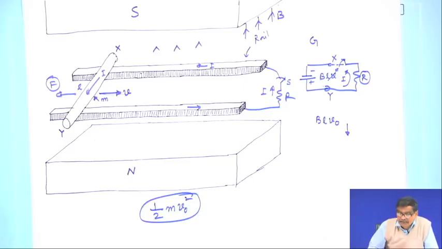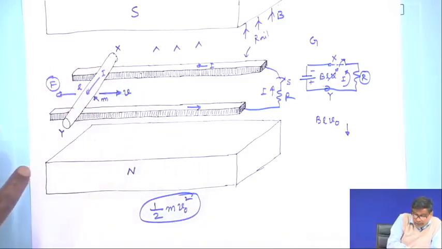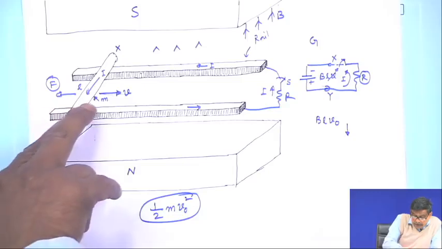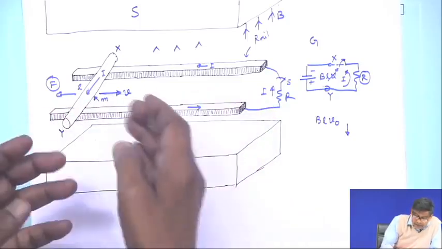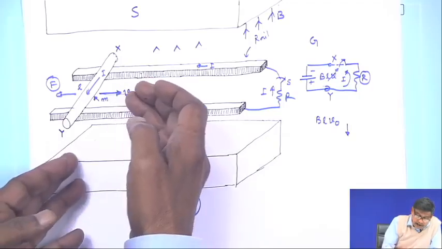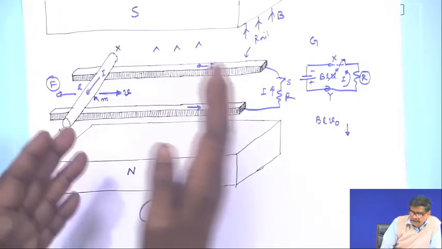I have to make such an arrangement, then only it will be generating power. So, some prime mover or somebody must push it along the direction of v, so that velocity remains at v naught all the time and your generator functions.